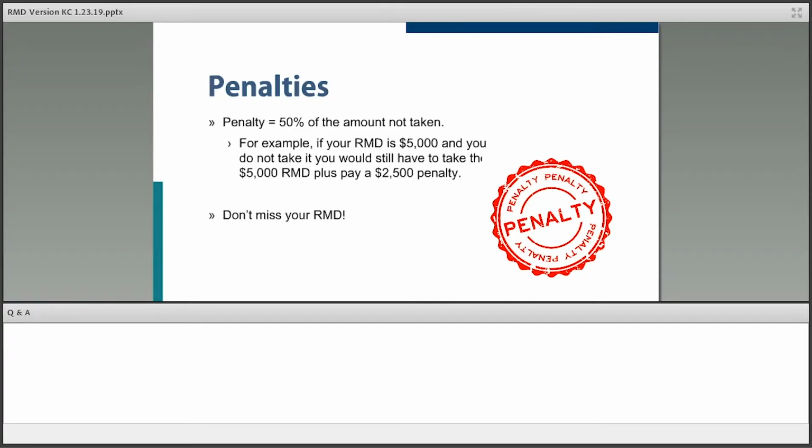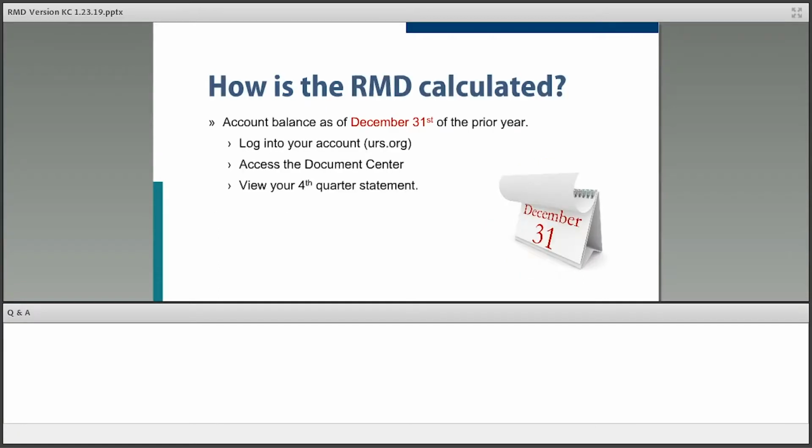So in total, you'd need to be withdrawing, in this example, $7,500. That penalty can be stiff, and so we just encourage you not to miss your required minimum distribution. Make sure you stay on top of that and take that distribution.